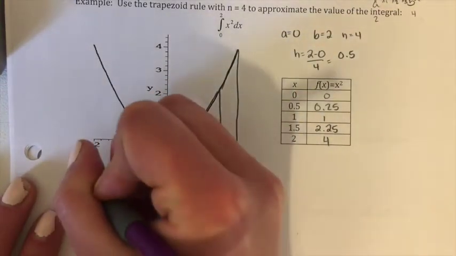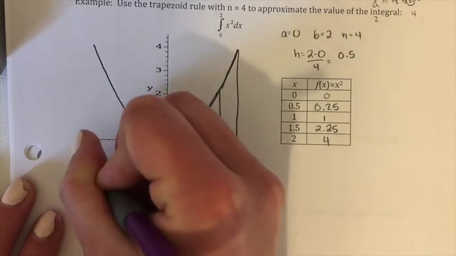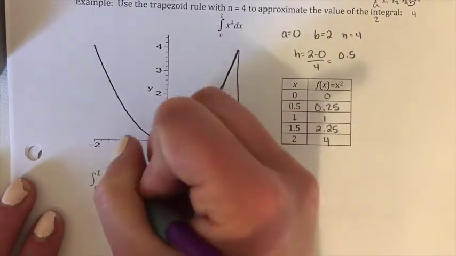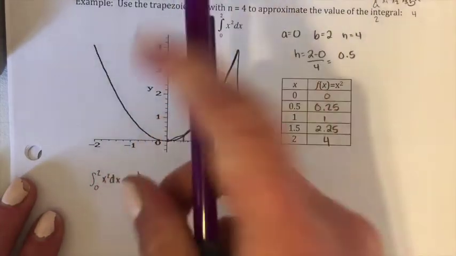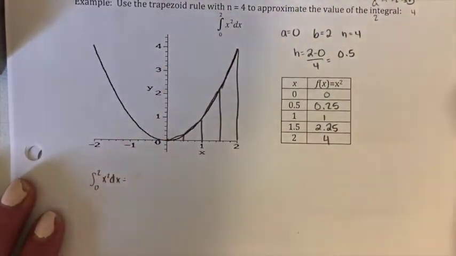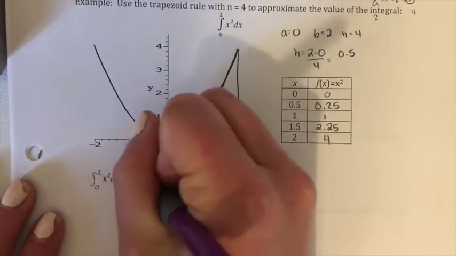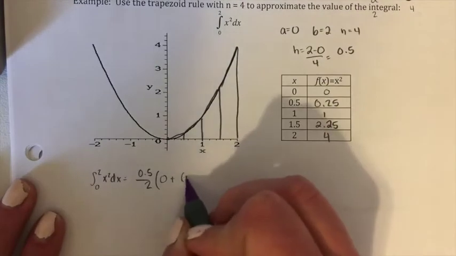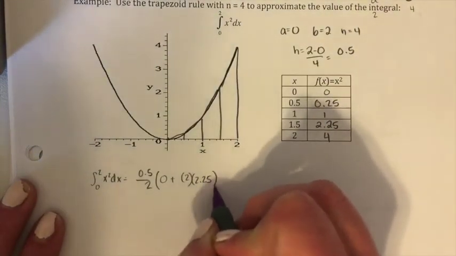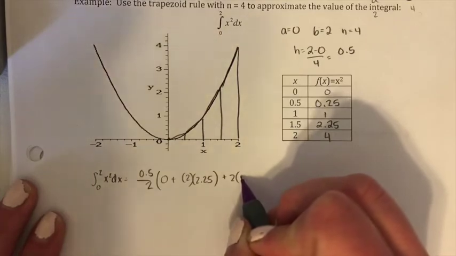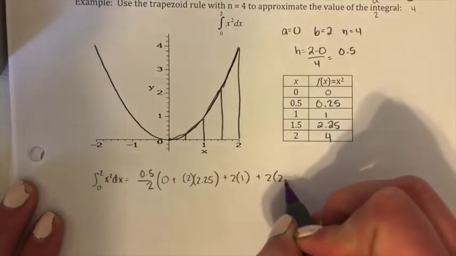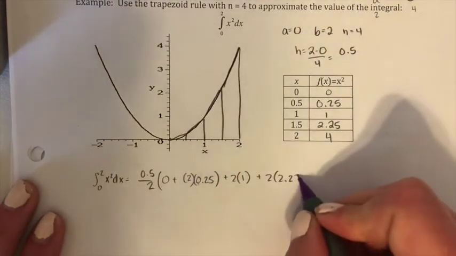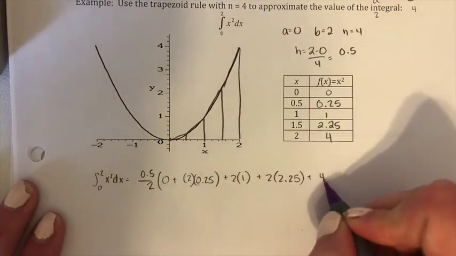Okay. So by using the formula, we're going to get the integral from 0 to 2 of x squared dx is equal to h, I guess I'm not going to write the formula, I'm going to run out of room. So 0.5, that's h divided by 2, times 0 plus 2 times 0.25 plus 2 times 1 plus 2 times 2.25 plus 4.